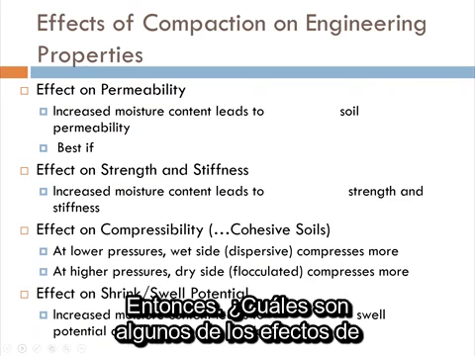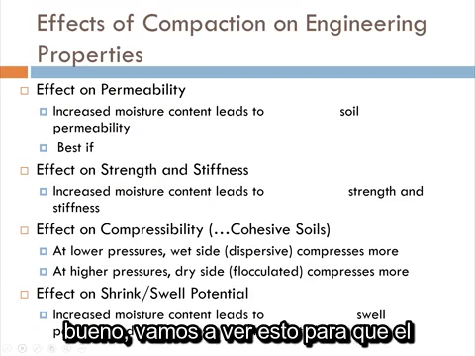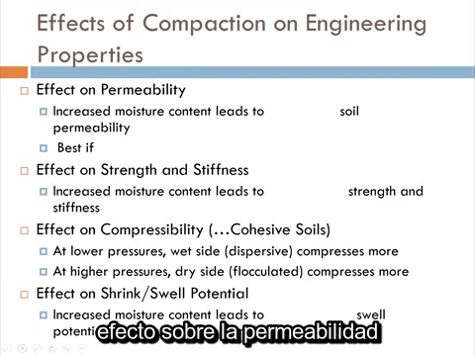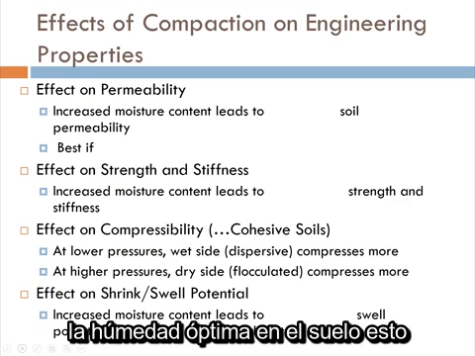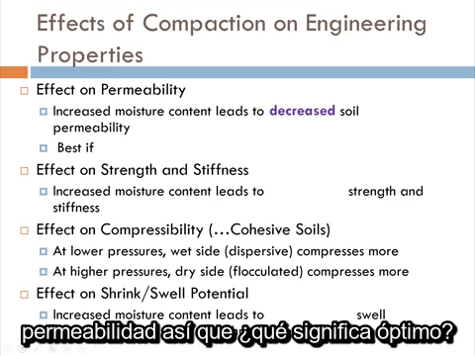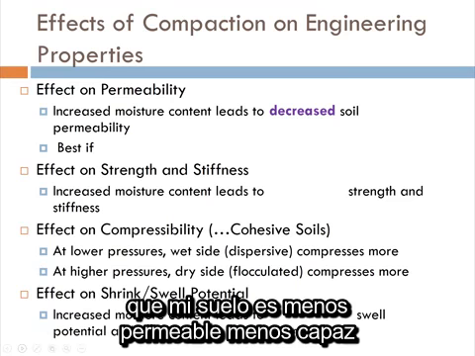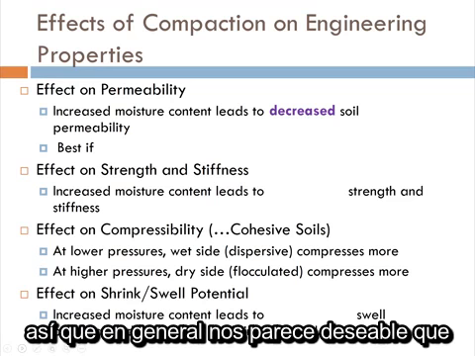So what are some of the effects of moisture content and compaction on soils? Well, let's look at this. First, the effect on permeability. If I increase the moisture content, or go wet of optimum, this leads to decreased soil permeability. Wet of optimum means my soil is less permeable, less able to transmit water through it.